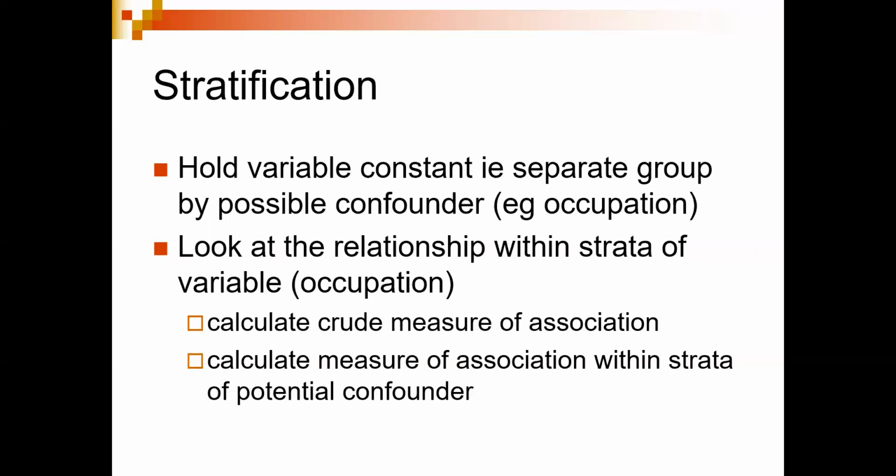And these strata are the strata of your confounder. So if sex is your confounder, you've got males and females. You are going to assess your relationship between exposure and outcome for females separately, and for males separately, to see if there's a difference between those.